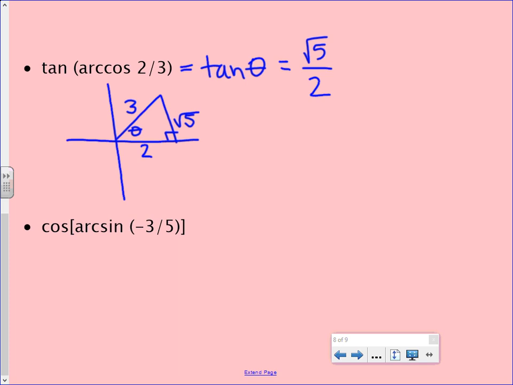Cosine of arc sine of -3/5. The arc sine of -3/5 is describing an angle where?